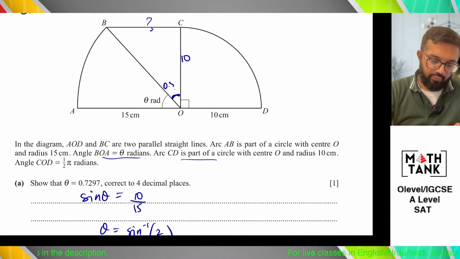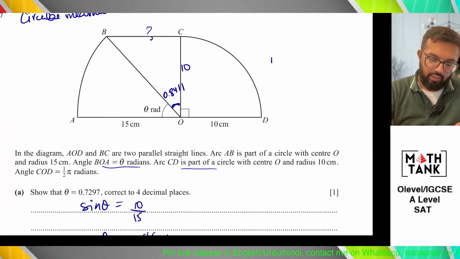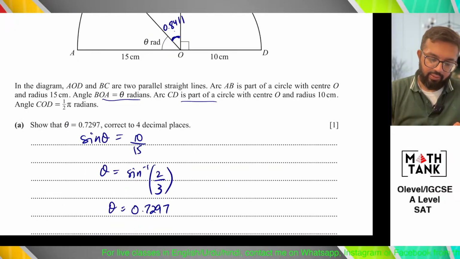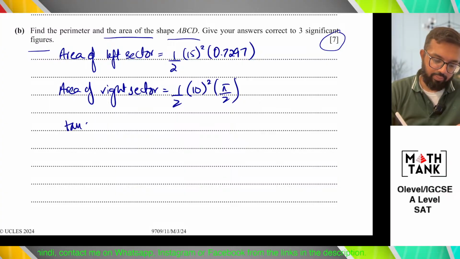It's 0.8411. Okay, and I can use tan, and I can say that tan 0.8411 is opposite over 10.